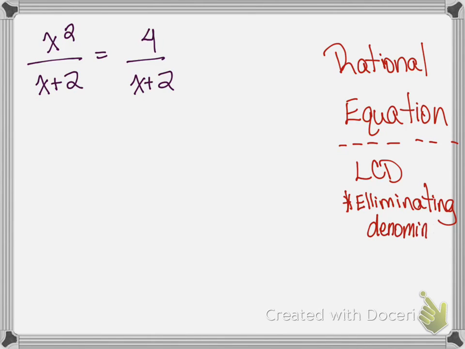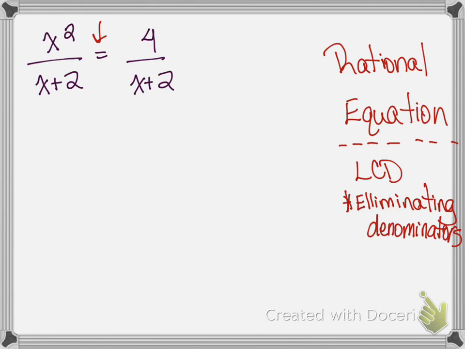Now, this can only be done because we have this equal sign right here. If we didn't have the equal sign, we could not do it. So, in this particular problem, I have x squared over x plus 2 equals 4 over x plus 2. Now, for this particular problem, I don't have more than one factor.